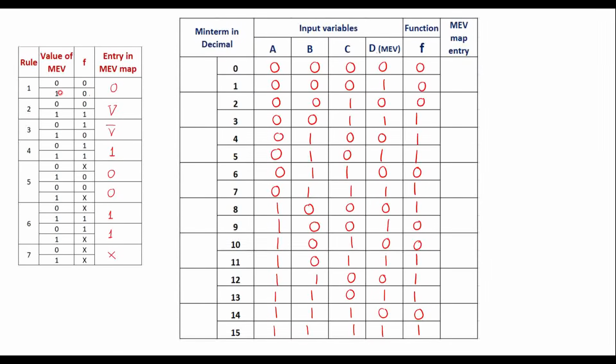Here also we have 0, 1. In that case, the entry in MEV map supposed to be 0. Now let me write 0 in MEV map. I can say it follows rule 1.